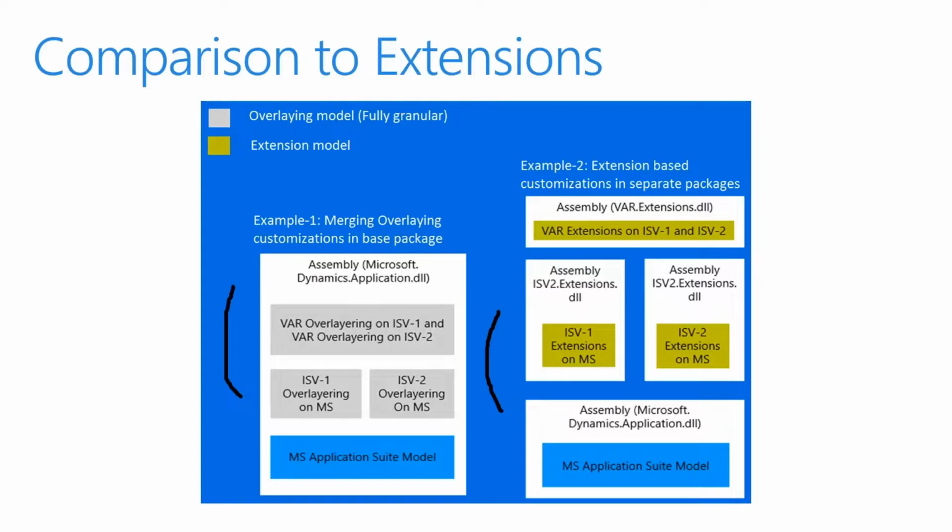The ISV1 and ISV2 changes extend elements from the application suite and are stored in separate DLL files. Then, the VAR extension stores customizations in elements that are extensions of ISV1 and ISV2 elements. This creates extension customizations in separate packages and does not affect the standard application at all, making a complete compile of all objects unnecessary.